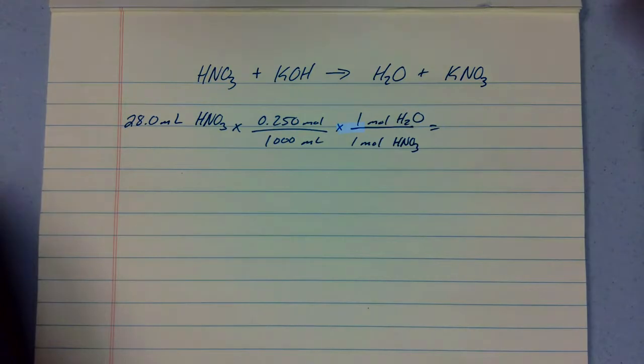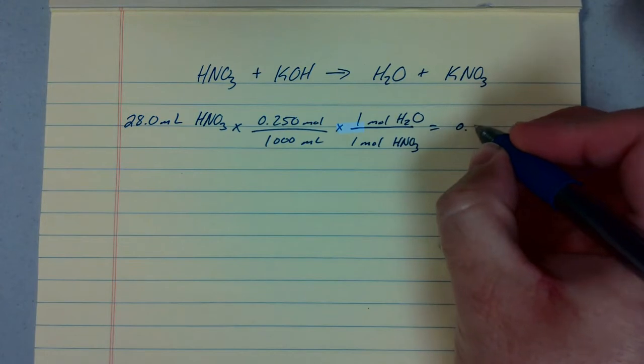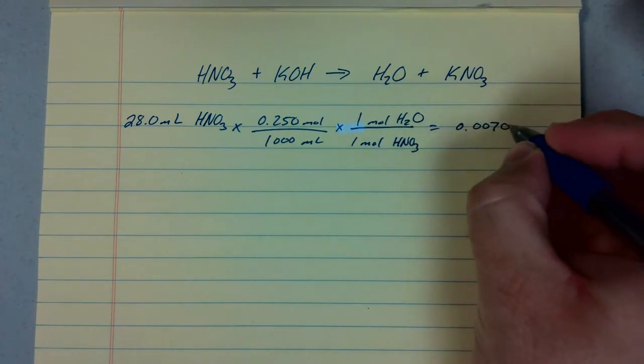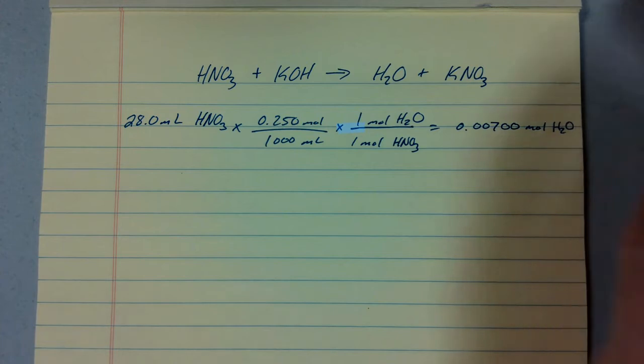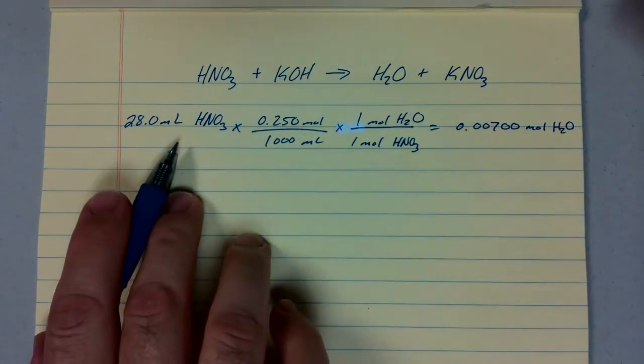So we got 28 milliliters times 0.25 divided by 1,000. And we got 0.00700 moles of water if this is the limiting reactant.